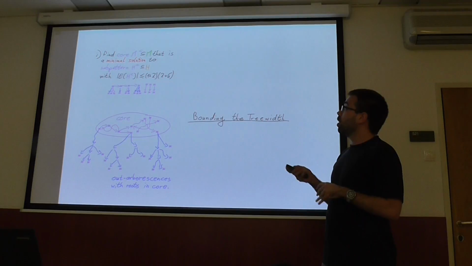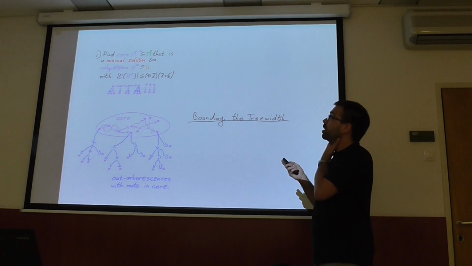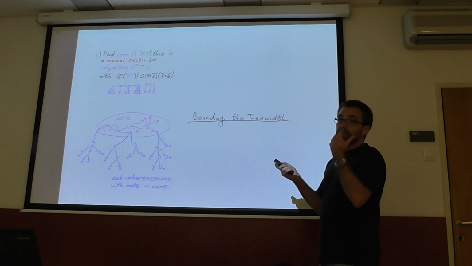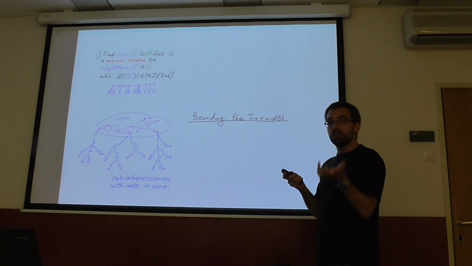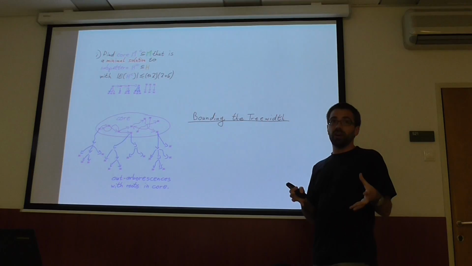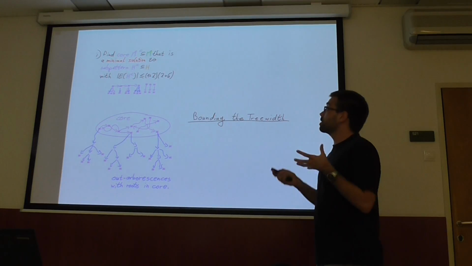And so how do we identify the core? What we're able to do is to find a subgraph of this minimal solution that itself is also a minimal solution to a subpattern of the almost caterpillar graph. Now, what is this subpattern?